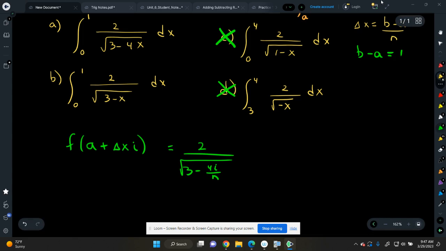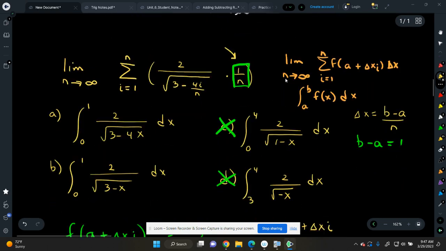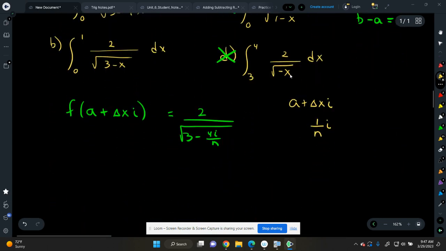Okay, so let's talk about this a plus delta x i. What's delta x i? That's going to be the 1 over n times i, right? We know that because delta x is right here. This is my delta x. So delta x i is 1 over n times i.